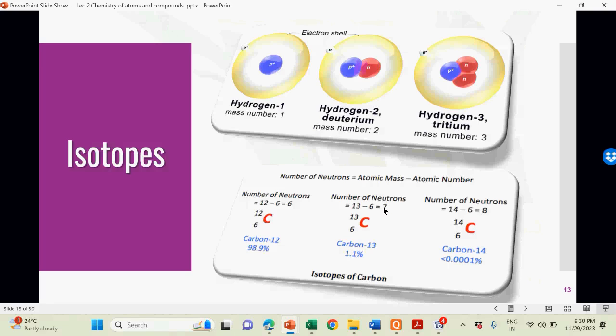Oh, that's good. Yeah, that's good. So the number of protons in the nucleus determines the nature of the element, whether it's carbon, nitrogen, oxygen, or hydrogen.